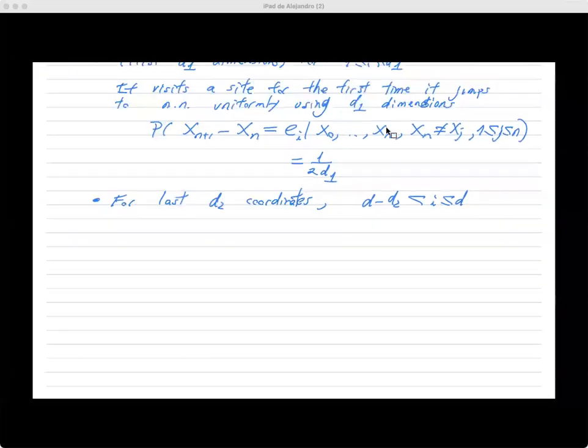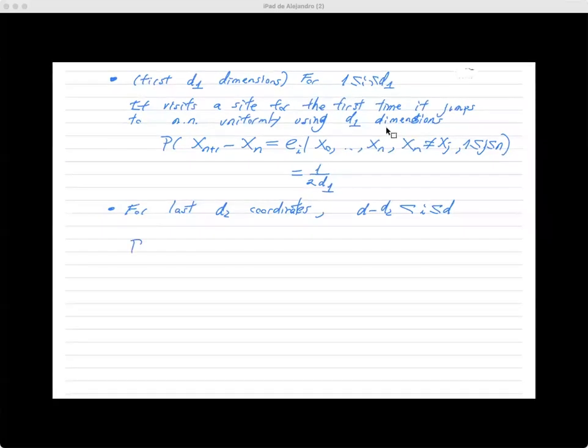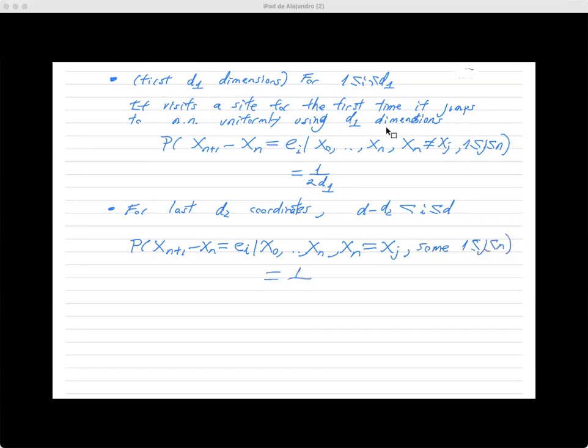You can write this in a similar way as I was writing it before. Now the condition is that at time n, I'm visiting a site which is old. And again, I jump uniformly to all the nearest neighbor sites.